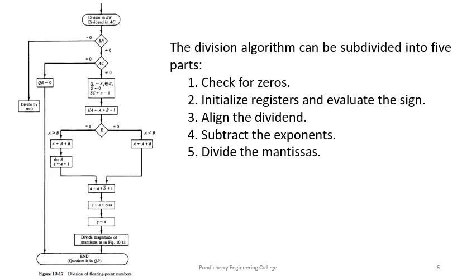So after checking for zeros, we have to proceed with the real division. And then we start with the sign checking. We can see here the sign of the quotient Q is decided by comparing the signs of A and B using the XOR operation, as done before.